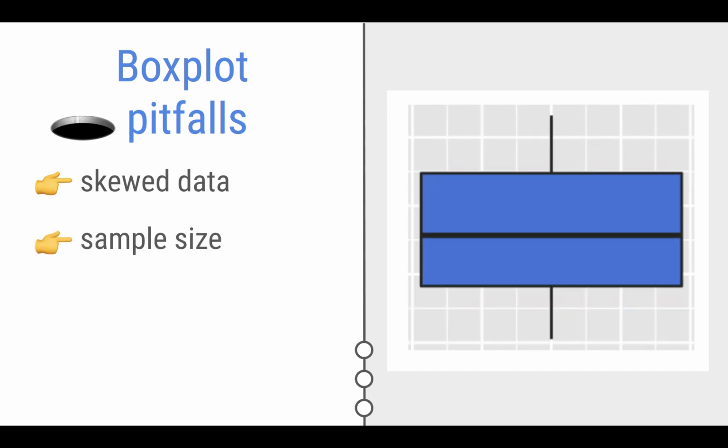In a similar vein, the second potential pitfall of a box plot is that it can mask the underlying sample size. From just looking at this plot, there's no way to assess how many points are actually being evaluated. So again, I can plot those actual data points and overlay them on this box plot. And notice that this plot was actually created from only 10 points.